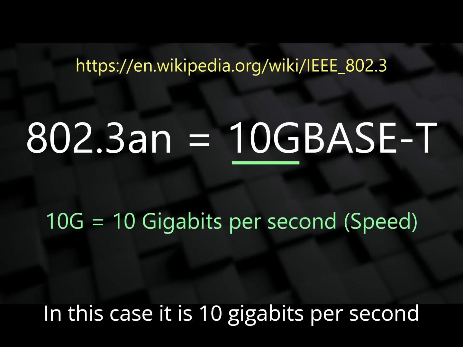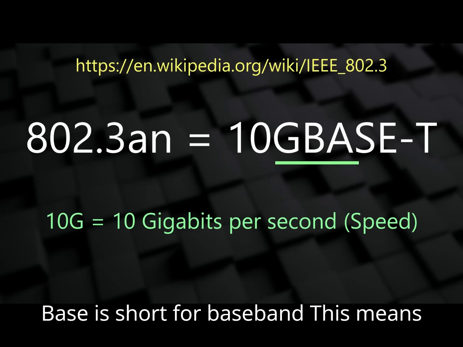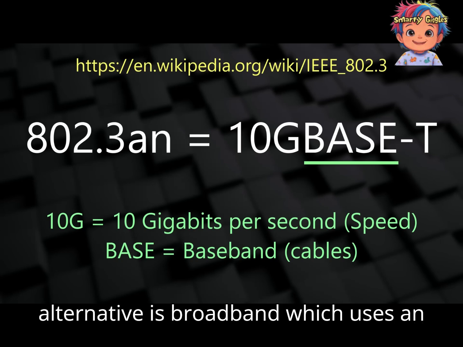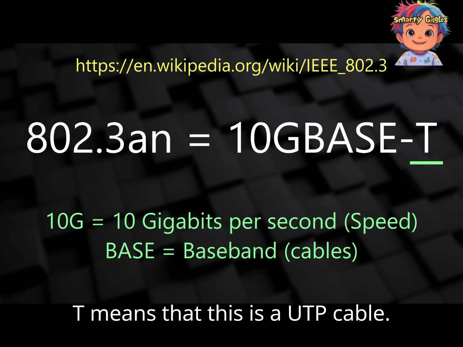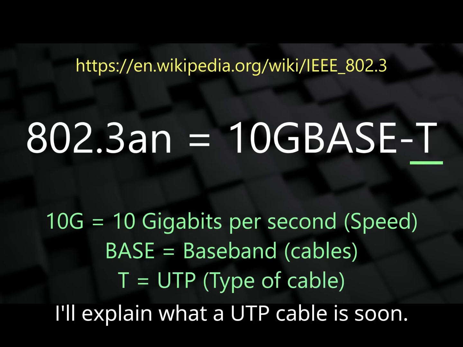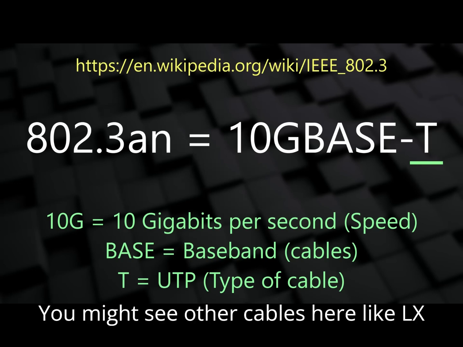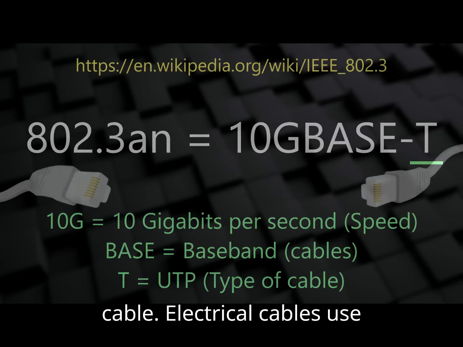In this case, it is 10 gigabits per second. Base is short for baseband. This means that it uses a digital signal. The alternative is broadband, which uses an analog signal. The T means that this is a UTP cable. I'll explain what a UTP cable is soon. You might see other cables here, like LX, which refers to a type of fiber optic cable.